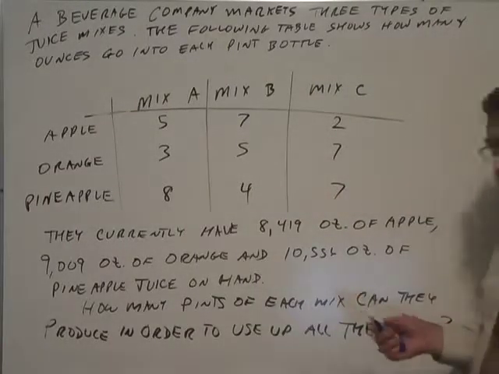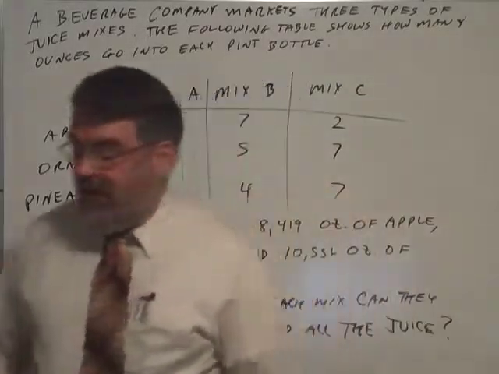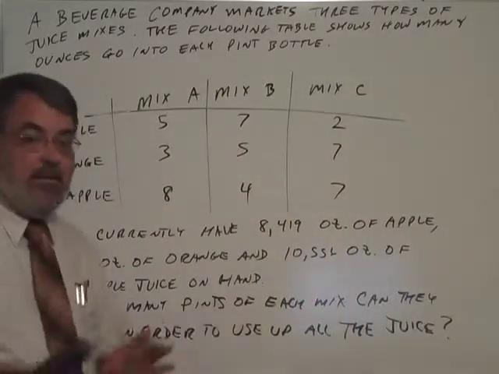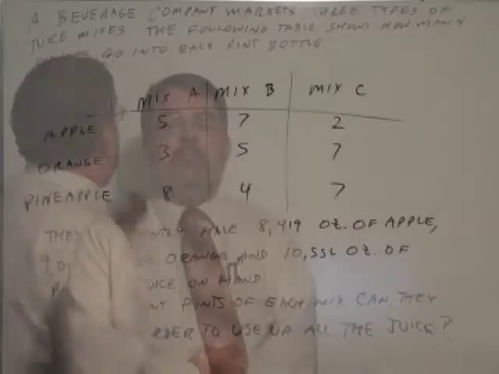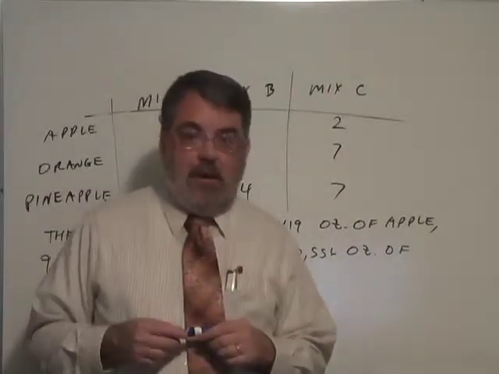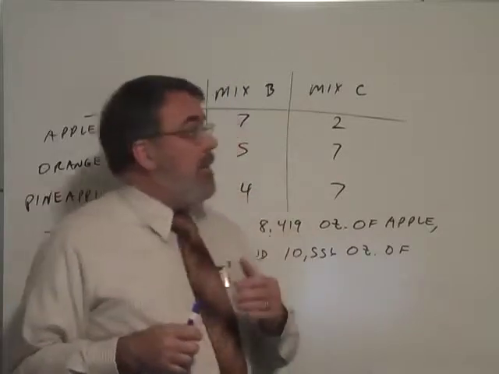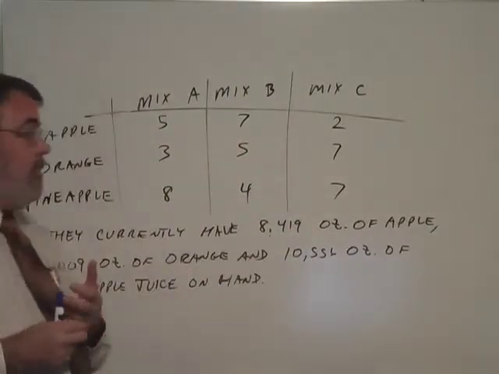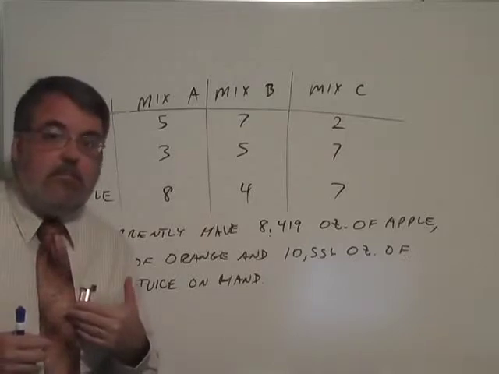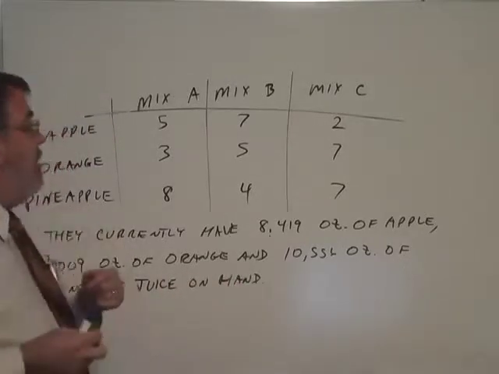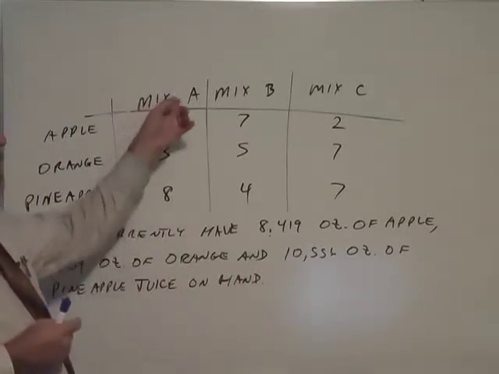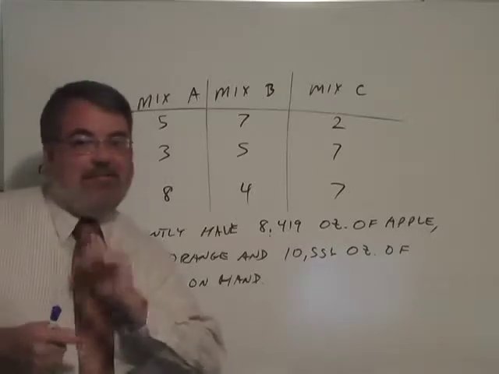Alright, so where should we start with this? Let's define our variables. I always think it's a good idea to define the variables we're looking for in this problem. And let's stop and think. Are we looking for ounces of apple juice? Are we looking for bottles of mix A?